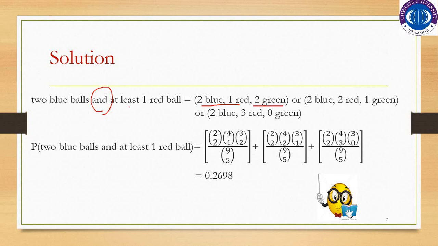But as it is said that you have to select at least 1 red ball, this one is the lower limit. You can go as far as the scenario allows you.